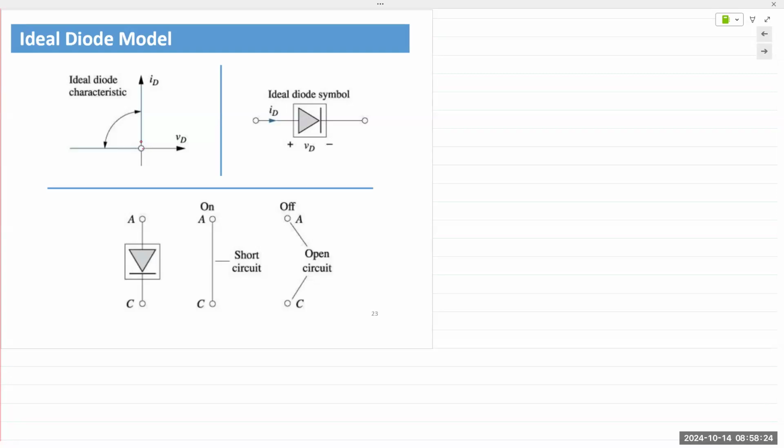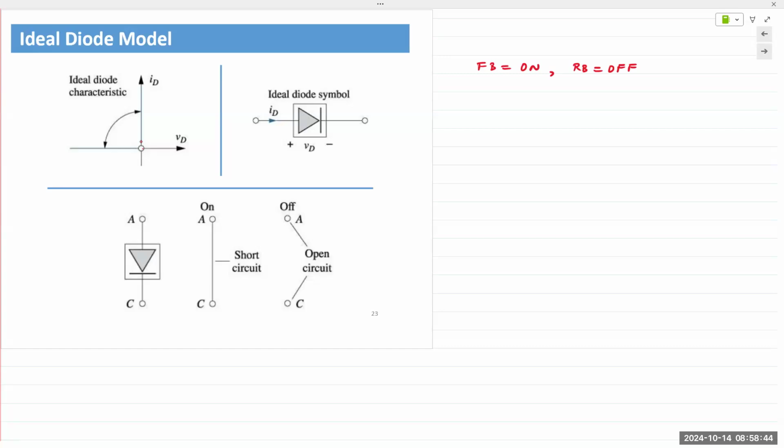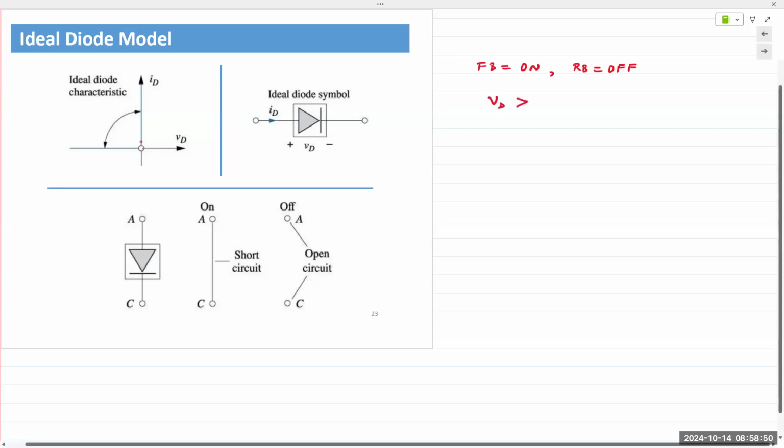So in an ideal diode model, we would say if the diode is forward bias, the diode is on. If it is reverse bias, the diode is off. And because it's an ideal diode, VD has to be just slightly greater than 0.